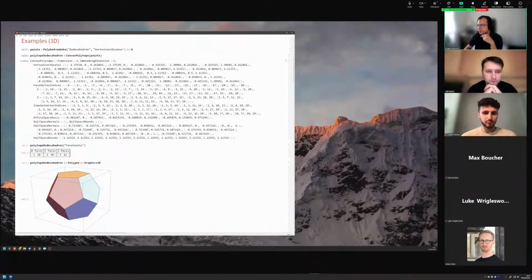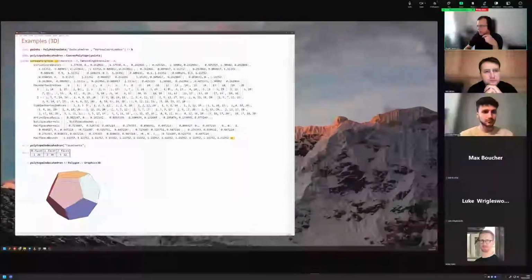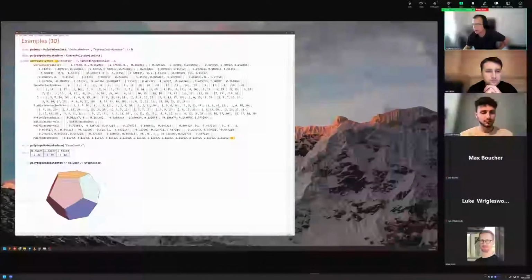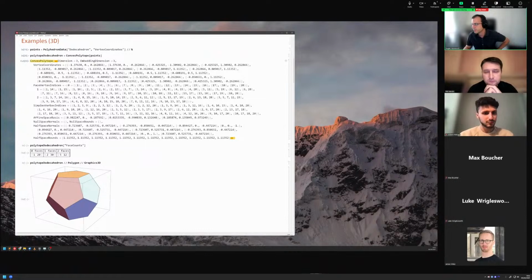This is a wrapper around an association where it's got the dimension of the thing, the embedding dimension, and vertex coordinates. It has a full face decomposition, and it has some extra information with facet normals, and their bounds, and a decomposition of the volume into simplices.